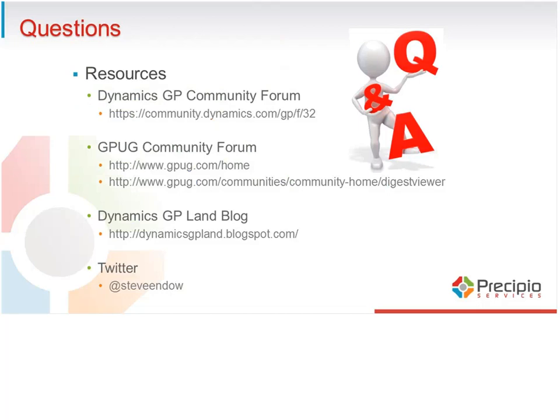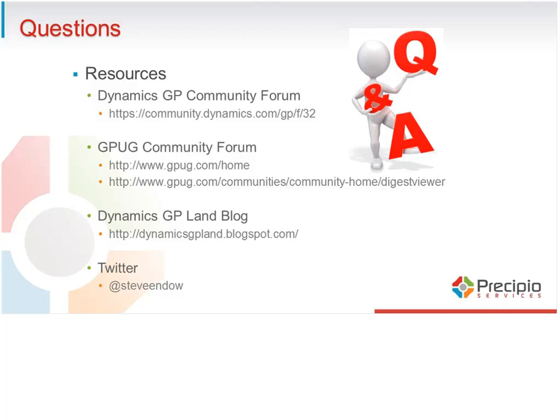There's the Dynamics GP Community Forum. It's a very active forum with lots of participants, lots of people who respond. And so that's a very helpful resource. If you're familiar with GPUG, the GP User Group, they have an excellent community forum, and the responses are top-notch from both consultants and GP users in the community who have been in the trenches and handled some of these issues directly.